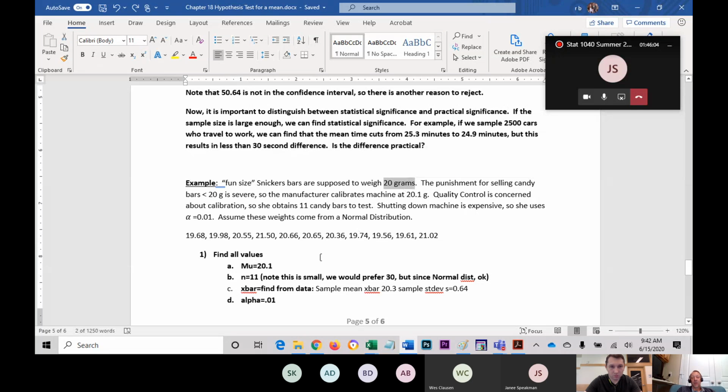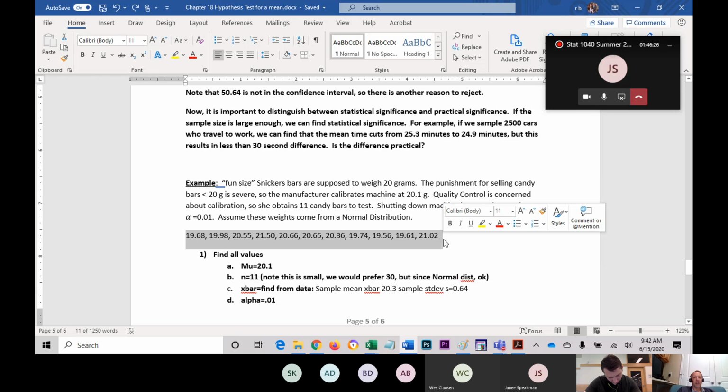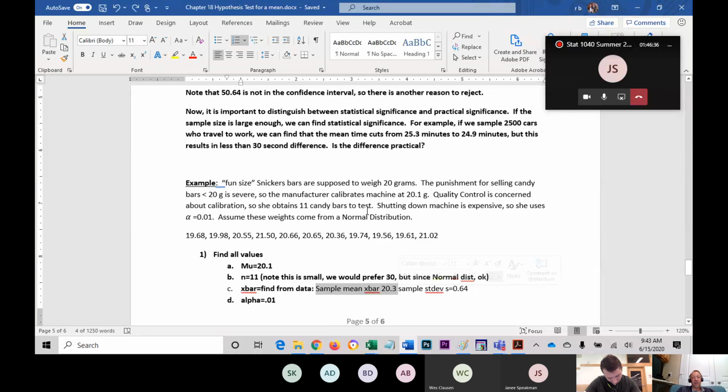We're going to go with the 20.1 because that's what the manufacturer calibrated the machine to. You could also argue that what the label says is 20 grams. But n equals 11 is small, but since it's normally distributed, we're okay. X bar, you're going to have to find from the data. Janie, do you feel that you could find the X bar easily? Yes. Now, the sample mean X bar is 20.3. Is there any standard deviation mentioned here?